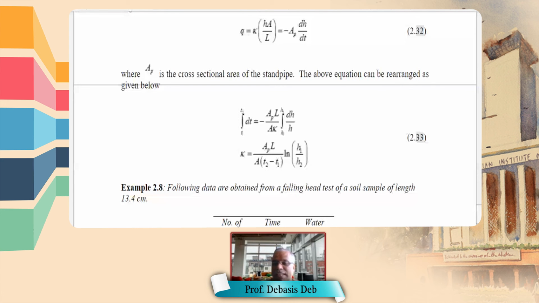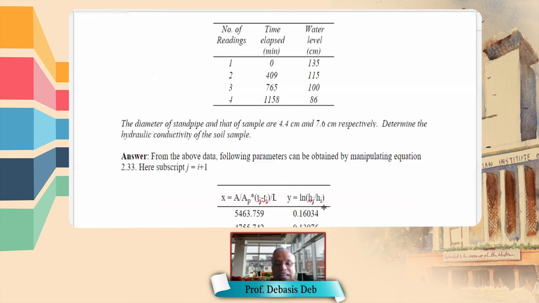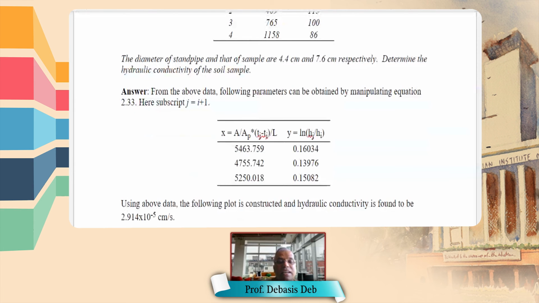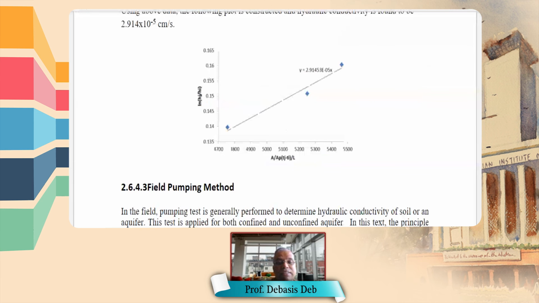That is what we are calculating here. ln hi by hj, that means h1 by h2, has been calculated and this value has been calculated. Now if you plot y versus x, that is what we have plotted. We got 3 points, and the slope of this best fit line is my k.